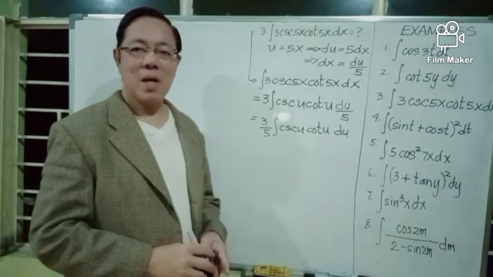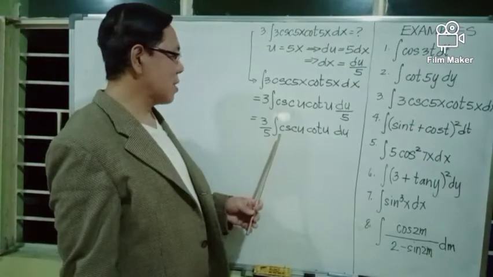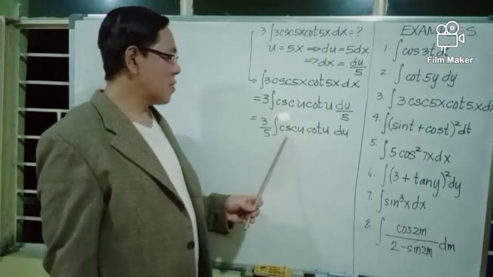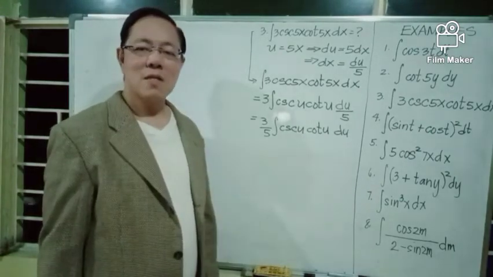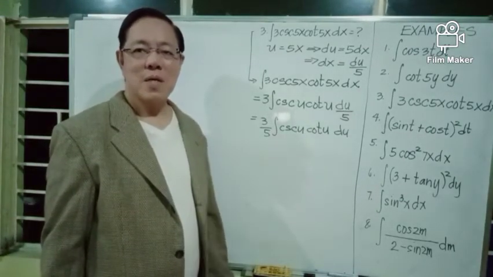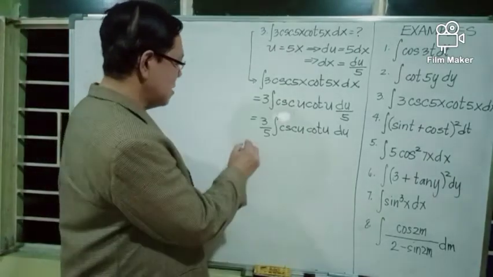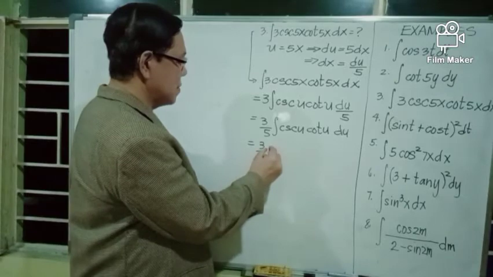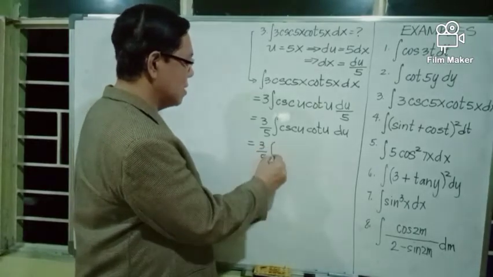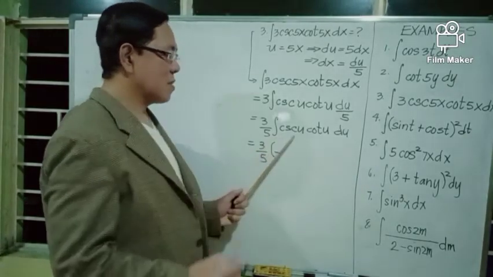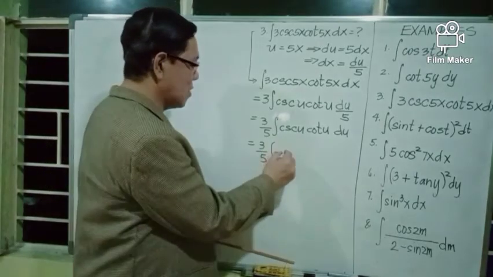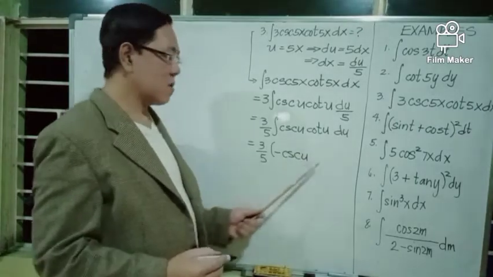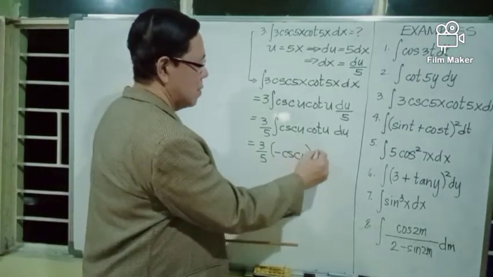Now, we can apply the integration rule for the integral of cosecant times cotangent, and the integral of cosecant times cotangent is negative cosecant. This is now equal to 3 over 5 multiplied by negative cosecant u plus c.